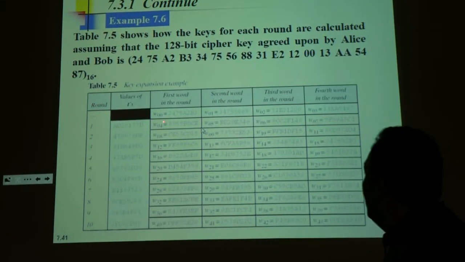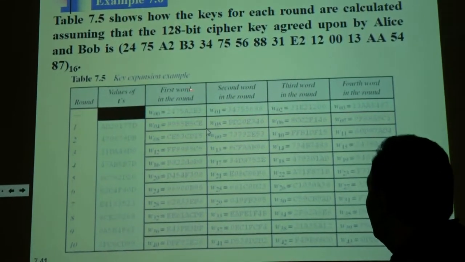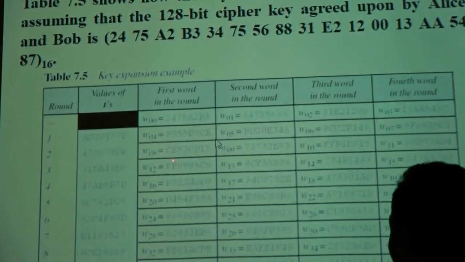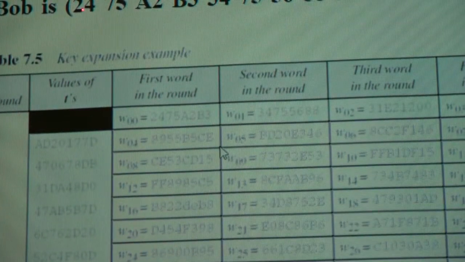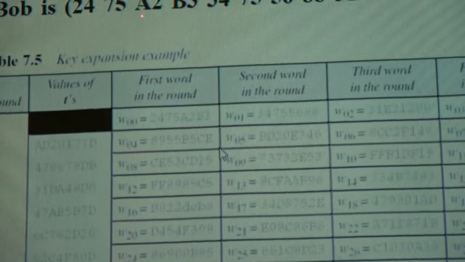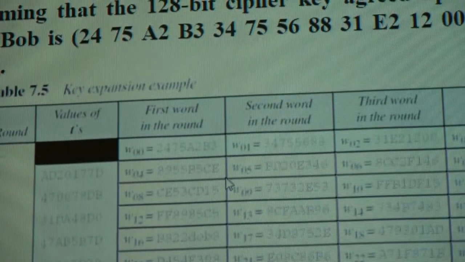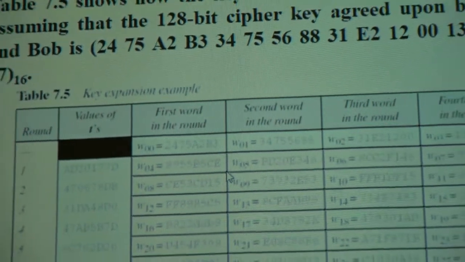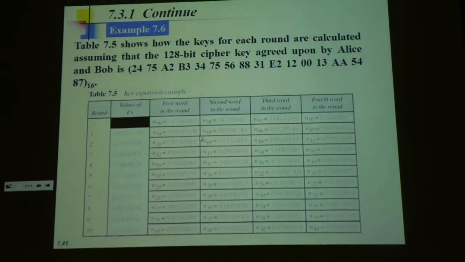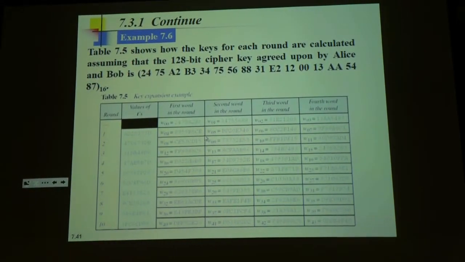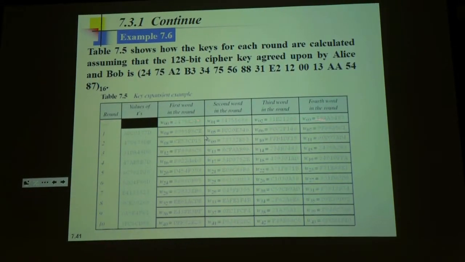So what we do here: the first word in the round, you take the first part, which is 24, 75, A2 plus B3. That's the first part. Then the second word, the third word, the fourth word. We divide it into 4 words. So what is the key for round 0? The same thing. Then we do the process.